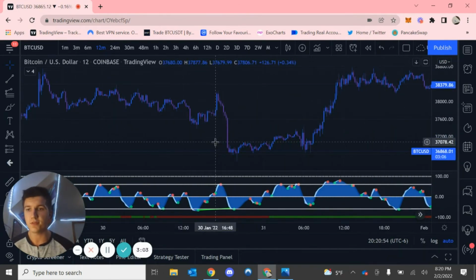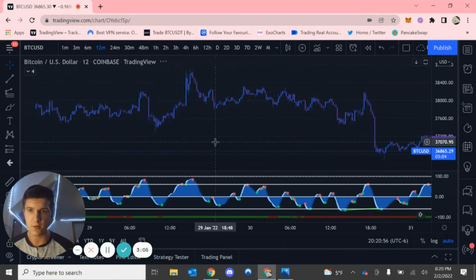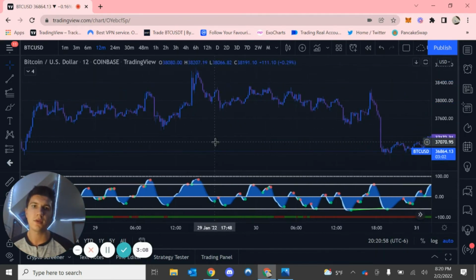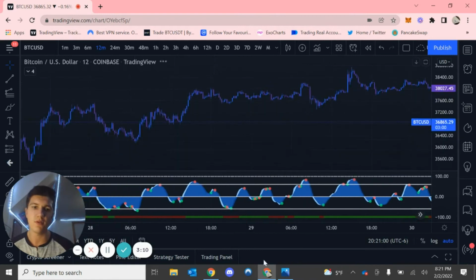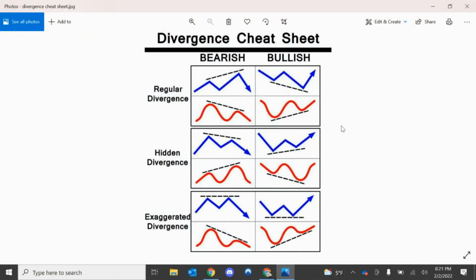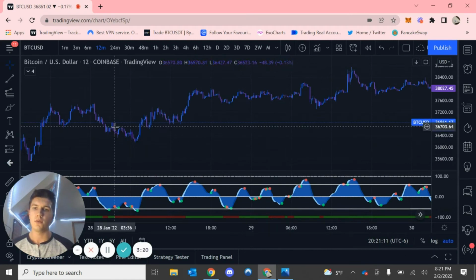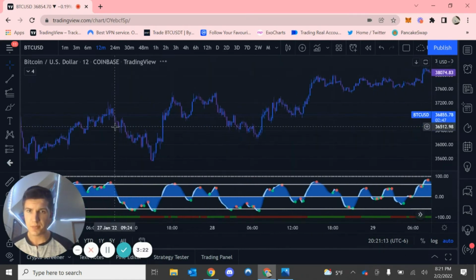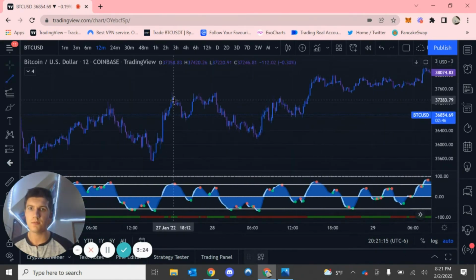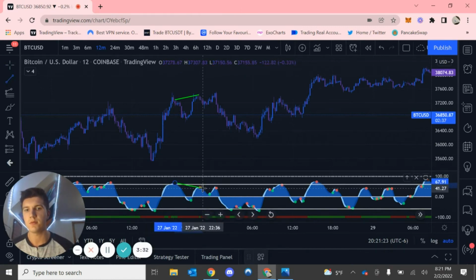And so another good case is a bearish divergence, and a bearish divergence is right here, where price is making higher highs while our momentum indicator is making lower highs. A good one is right here, where we have price making higher highs as our momentum is coming down.